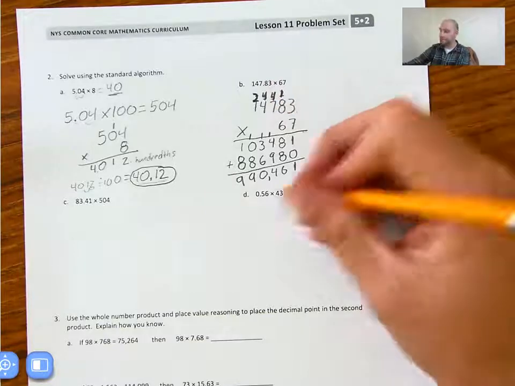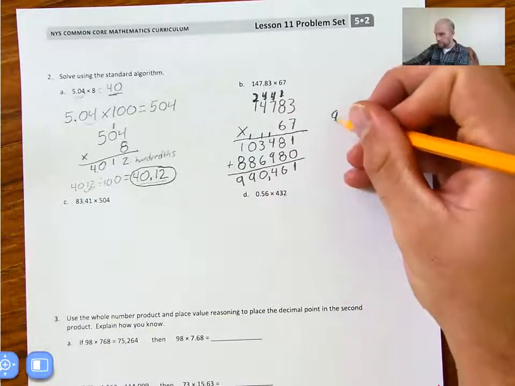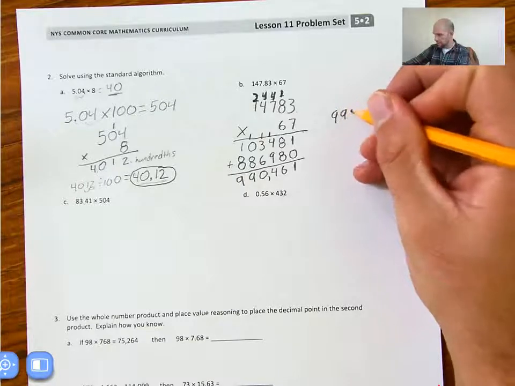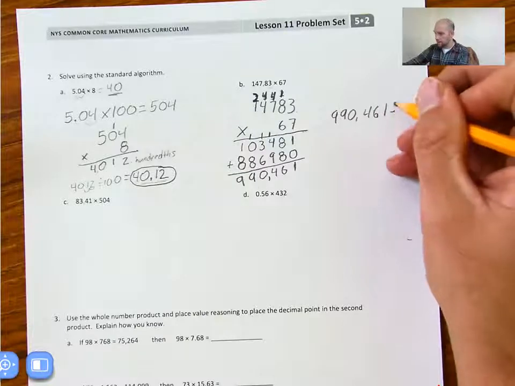We need to divide this number by 100 to get our number into standard form. So we have 990,461 divided by 100.